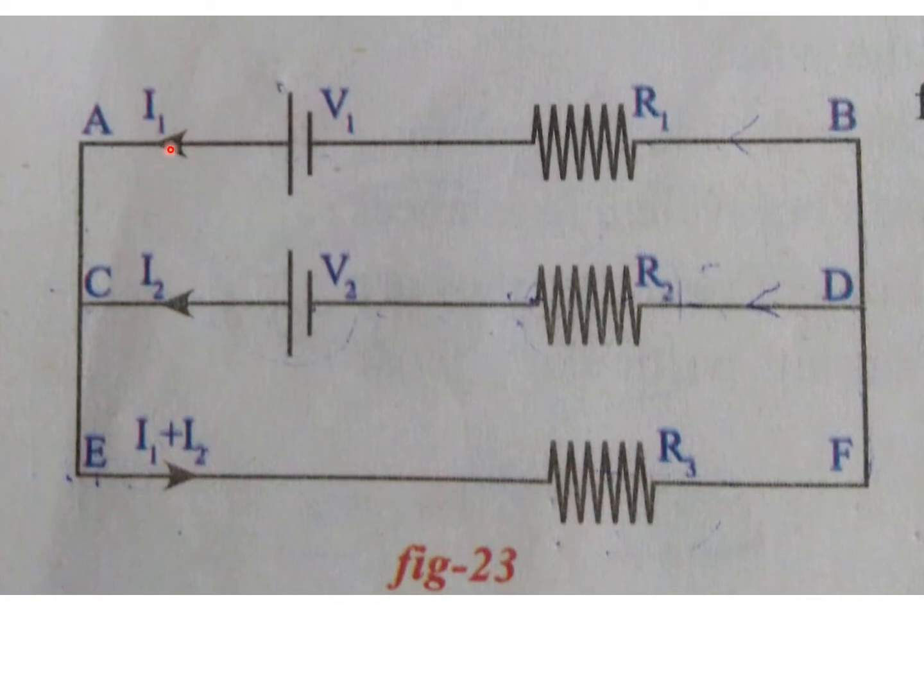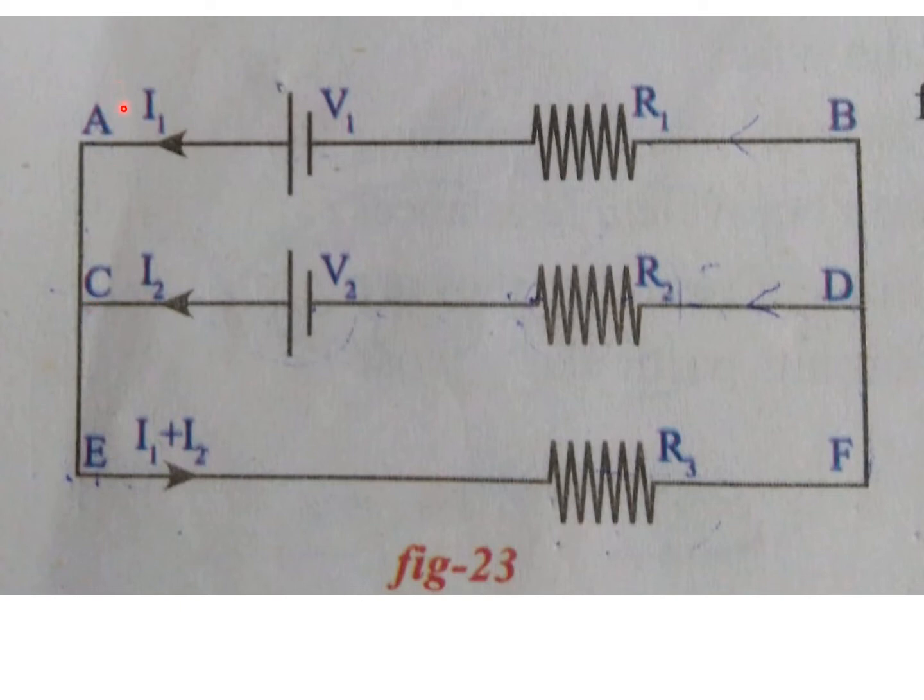So this is one closed loop. Again, in this network there are two loops here. The first loop starts with A to B, D and C, and again from C to A. So this closes the loop.